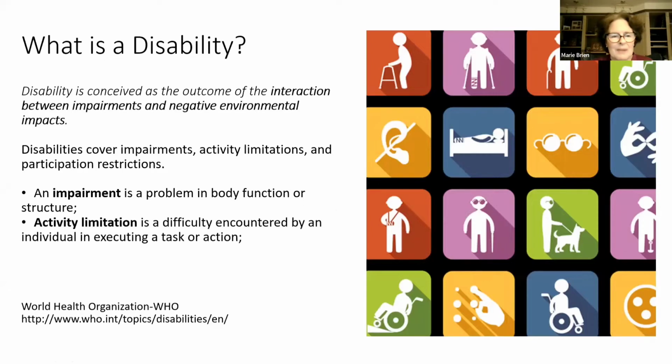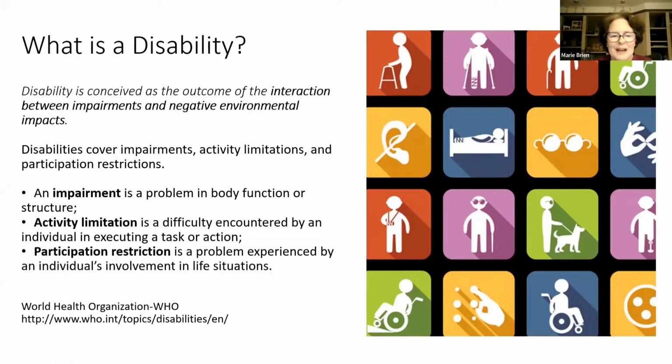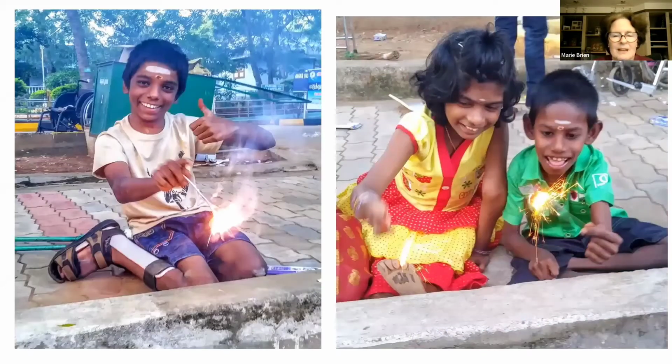So impairment is a problem in body function and structure. Activity limitation is a difficulty encountered by the individual in executing a task or action, and participation restriction is a problem experienced by the individual in involvement in life situations. Again, our friends who are participating in meaningful life situations.